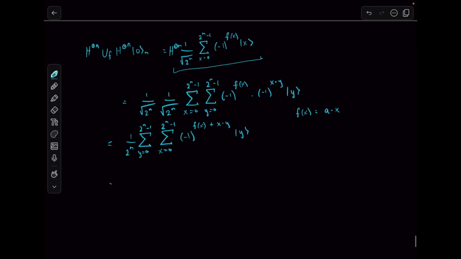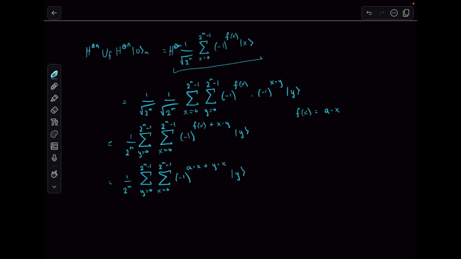So we can write that. And it's a little annoying having to write these sums every time, but it's okay. So we have -1 to the power of a dot x plus y dot x, because x dot y and y dot x are the same thing here.